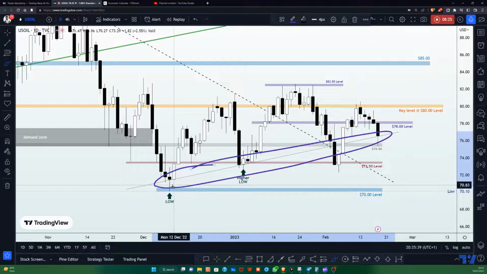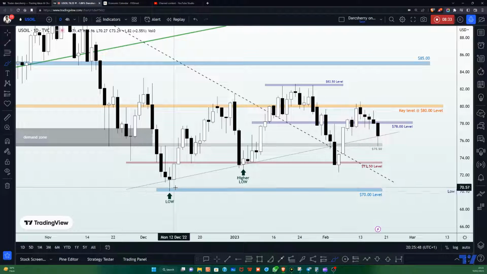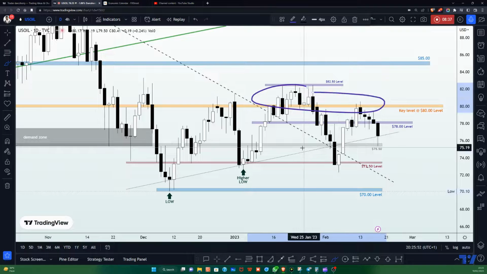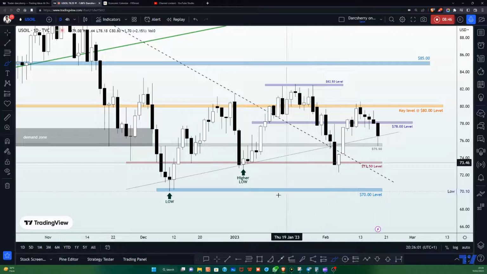is a beautiful sign that buyers are trying as much as possible to break out of this current structure that we are in right now. At this point in time, looking at the selling pressure around the $80 level, it's more or less a dilemma, where a selling opportunity could come in, and at the same time we could have a buy opportunity in this area.